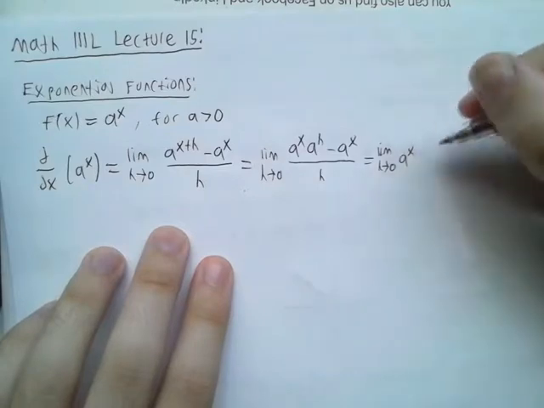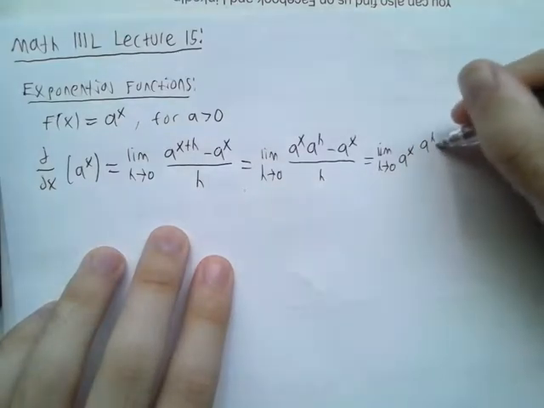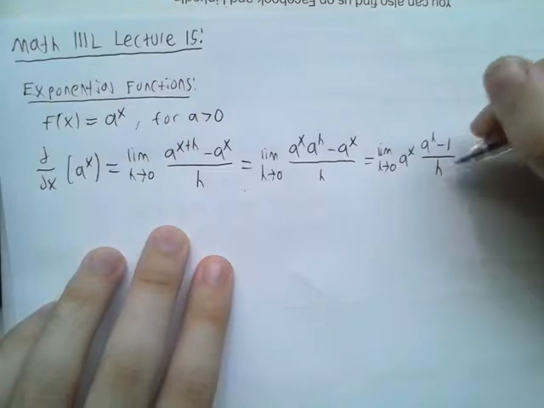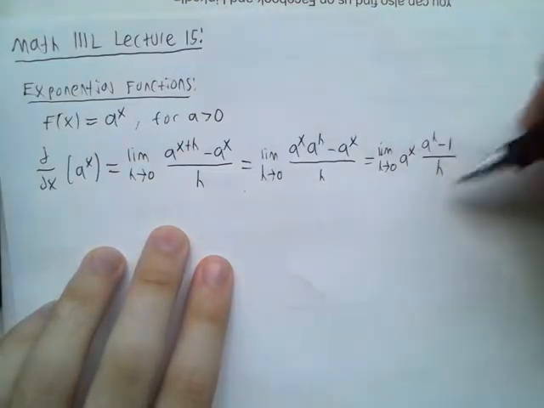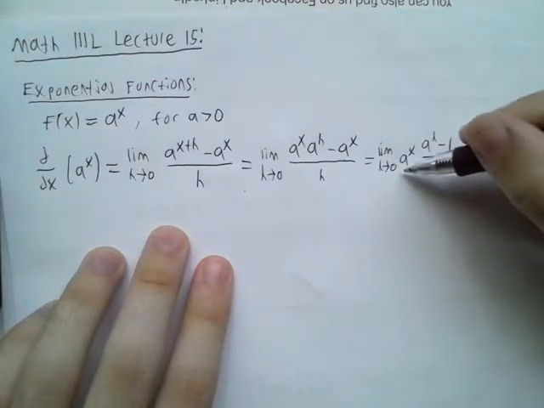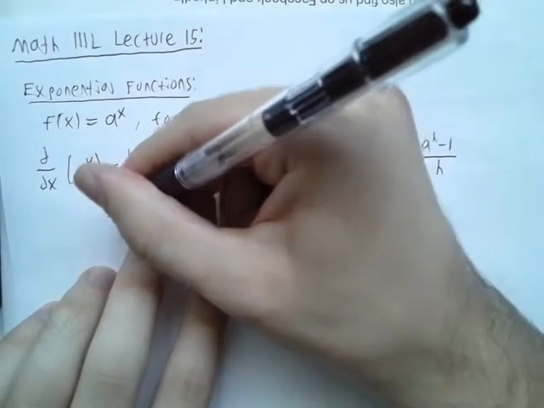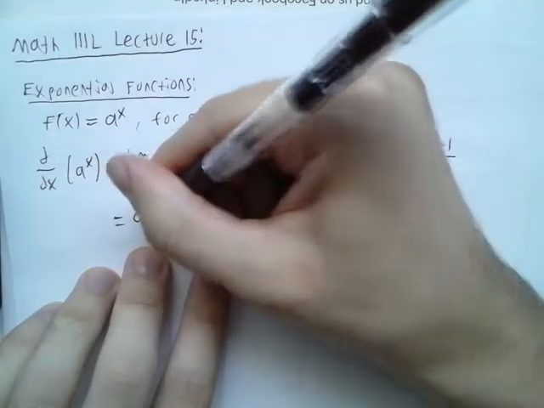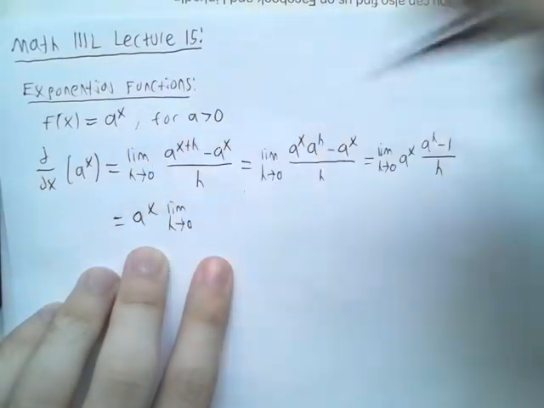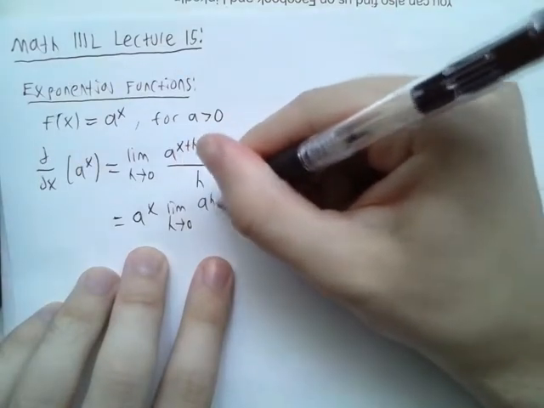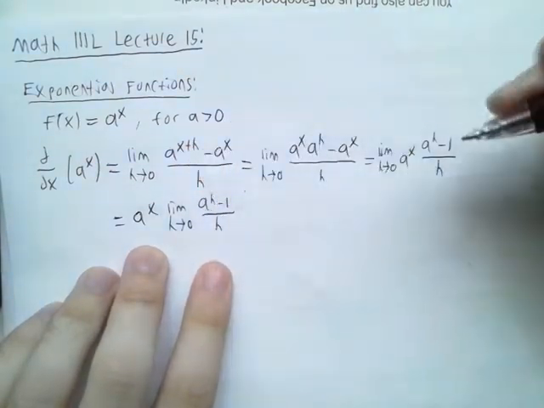So we have a to the x times a to the h minus 1 divided by h. And so we want to take the limit of this thing as h goes to 0. A to the x does not depend on h, so we can pull it out front and get a to the x limit as h goes to 0, a to the h minus 1 over h.